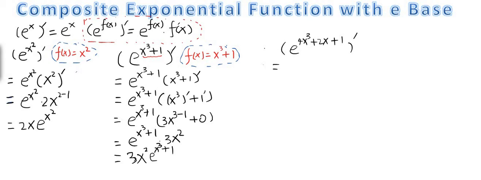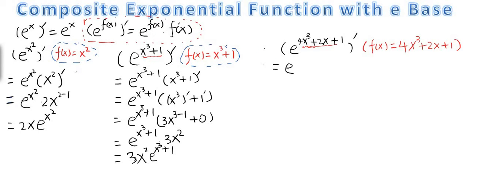Still, we're gonna identify what is the f(x), and we can see the f(x) equals 4x cubed plus 2x plus 1, right? That is f(x). Okay, now we're gonna plug in the formula.